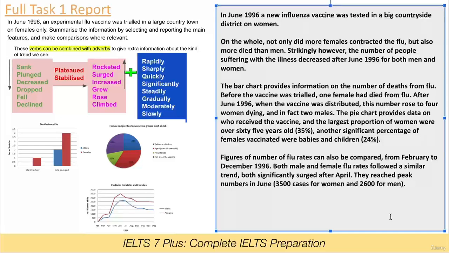Both significantly surged after April. Women rose from April to May. They went from 1,000 to 3,000. Women rose by 2,000 cases in 1 month, April to May. Okay, so then we can talk about the peak.